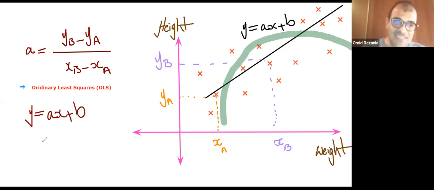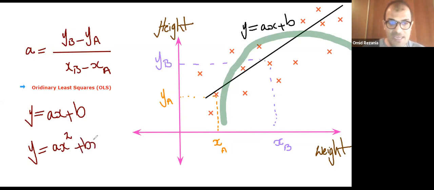We say that the line that you want to write can even take the form of a polynomial of degree 2 that we learned before. On the polynomial of degree 2, it's going to be, for example, ax squared plus bx plus c. That was something that we learned on Friday. We said that this is a polynomial of degree 2 because the highest degree which we have is 2.